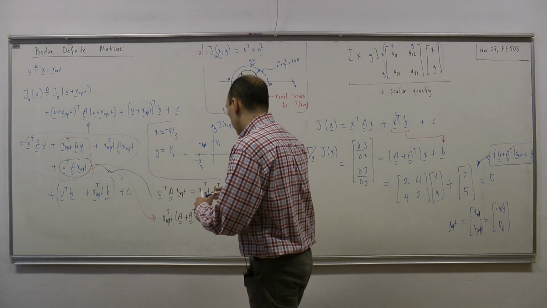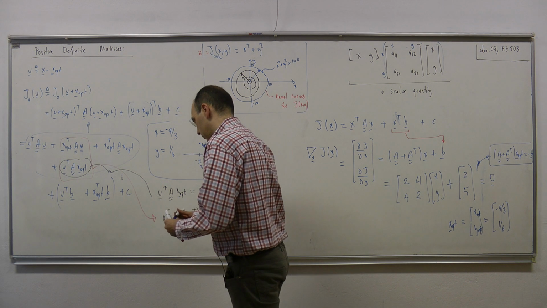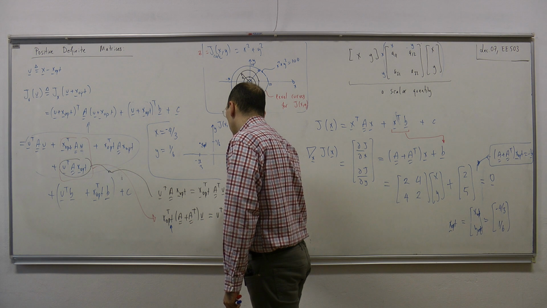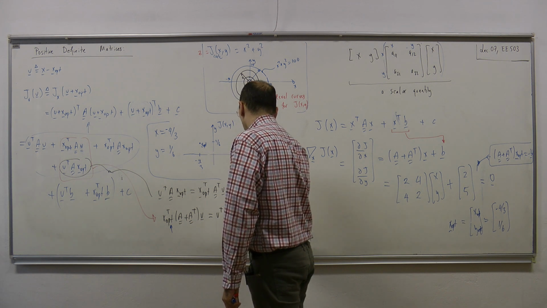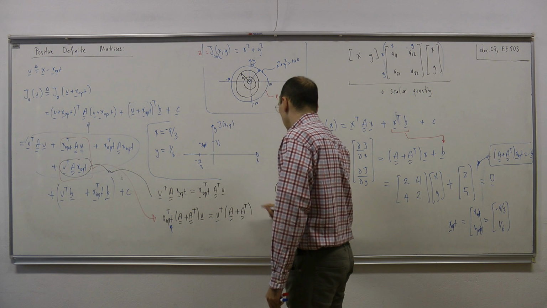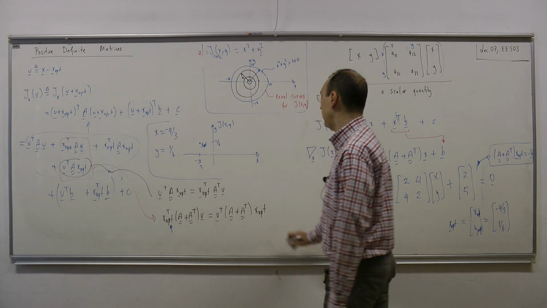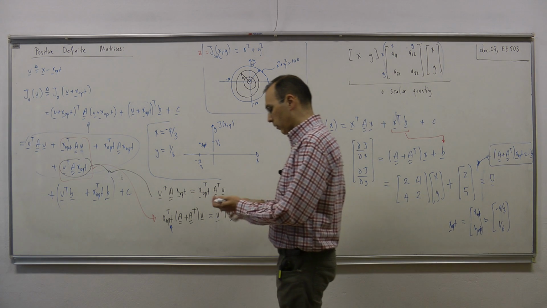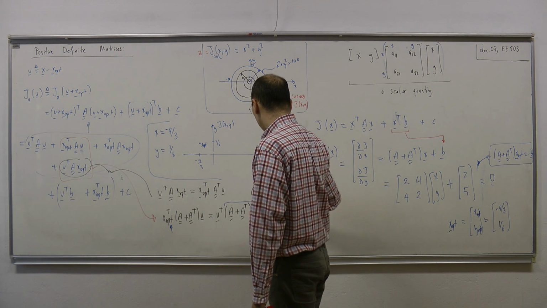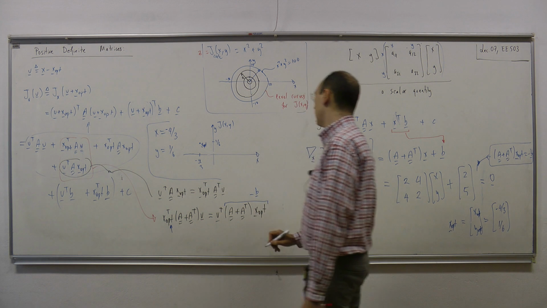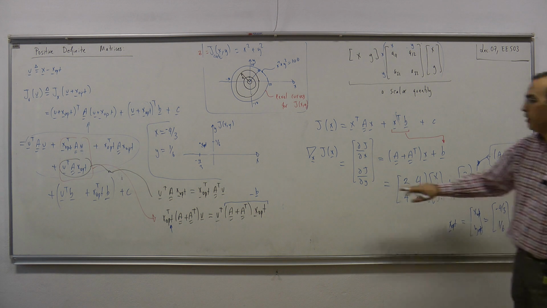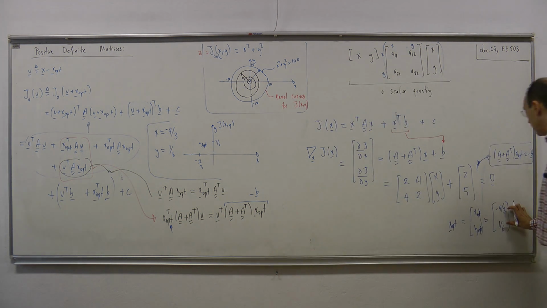Now, since this is an optimal vector, let me take the transpose of this one more time, if you wish. This is U transpose A XOPT. Now I have this result. Because this is the optimal point, A XOPT is supposed to be equal to minus B. XOPT is not an arbitrary point, but it is this point.